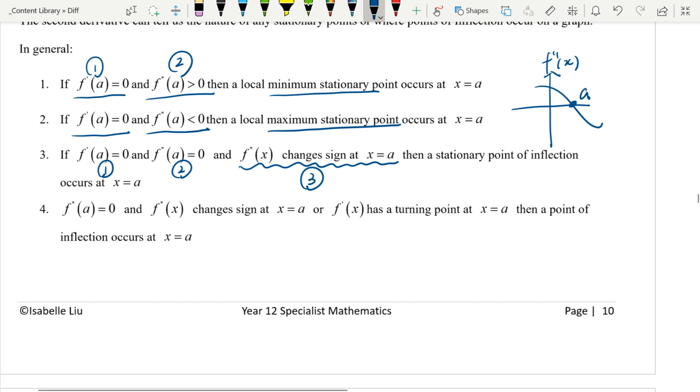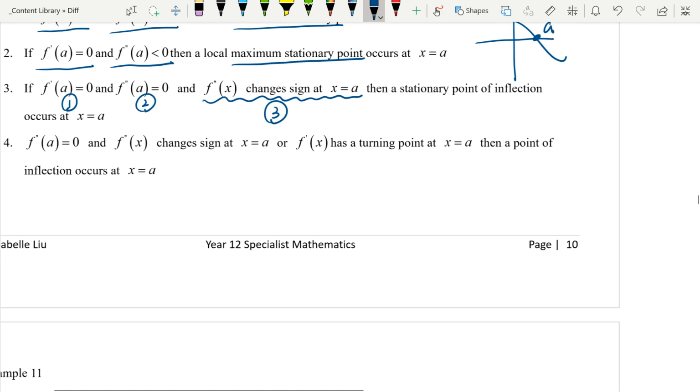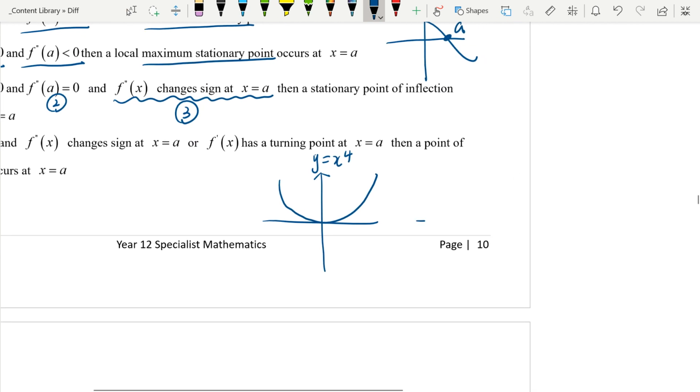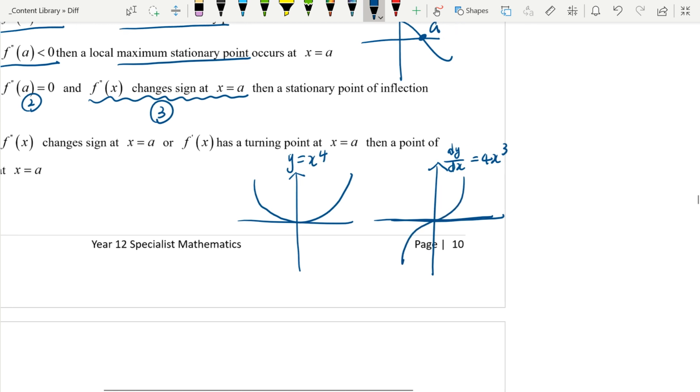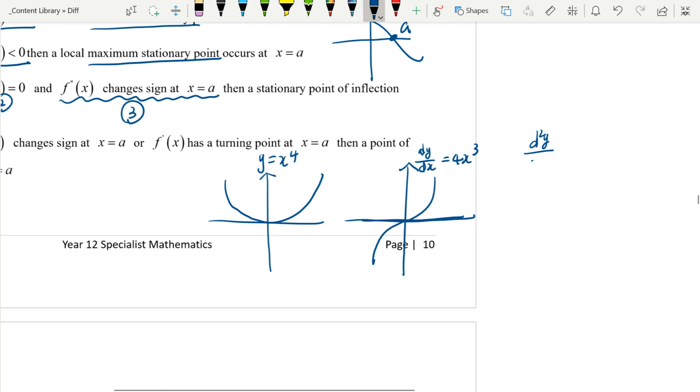I'll give you a counterexample where it's not a stationary point of inflection. What does y equals x to the power 4 look like? That one, right? First derivative dy/dx is 4x cubed. And the second derivative is 12x squared.